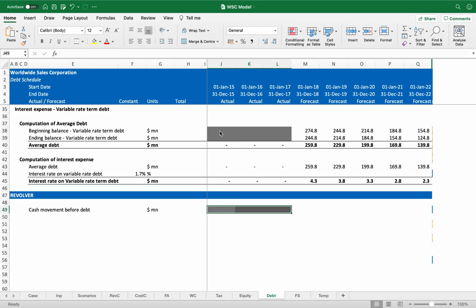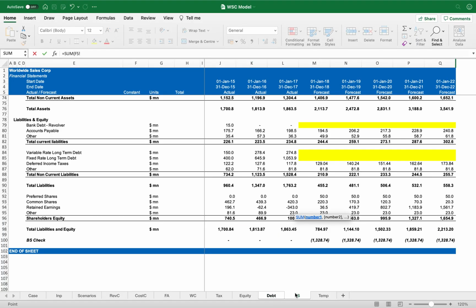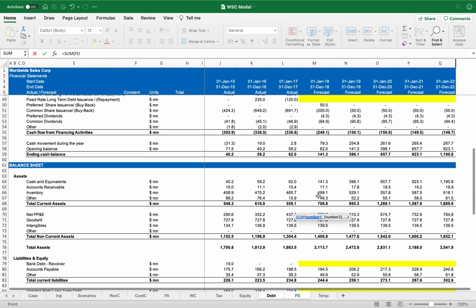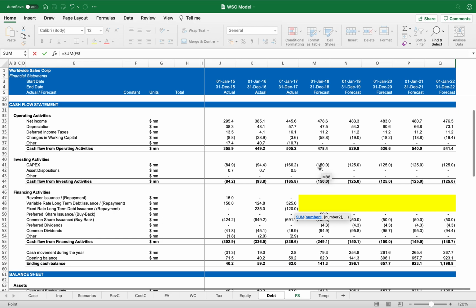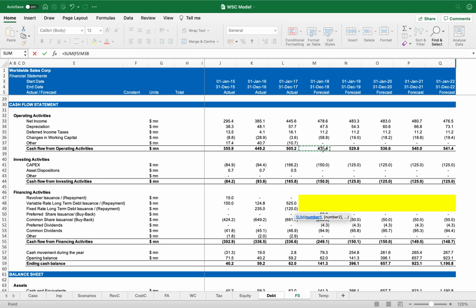Go to your cash flow statement and add everything apart from debt. So how do we do it? I will add cash from operating activities plus cash from investing activities.